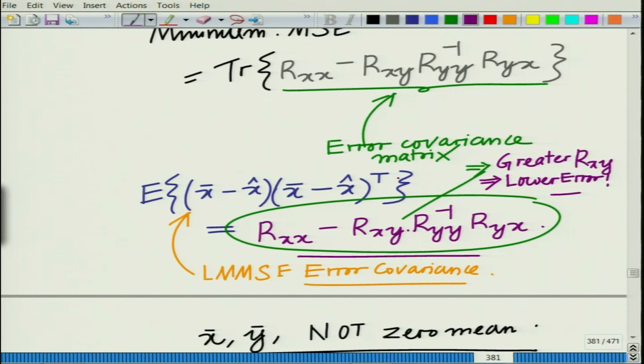If the correlation is strong, the resulting error will be lower because your prediction of x bar is much better. So, these are some very interesting things that fall out from analyzing the LMMSE estimator and the LMMSE estimation principle in general.